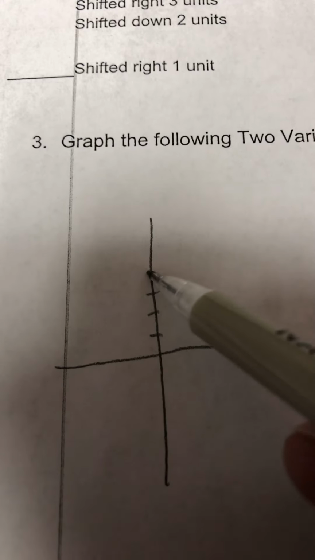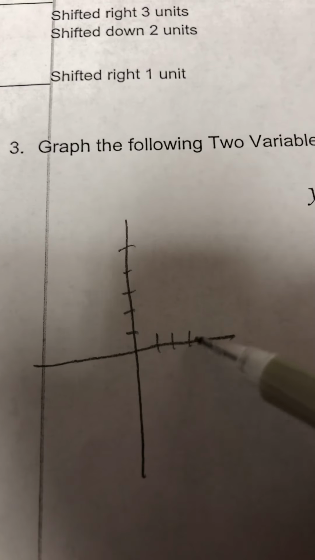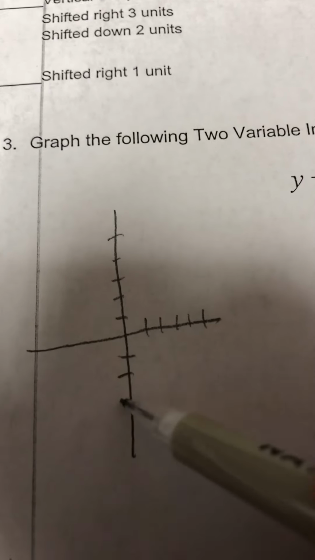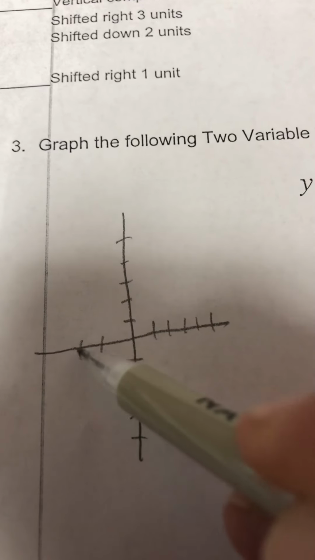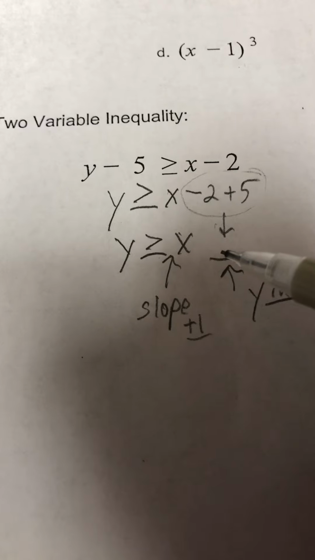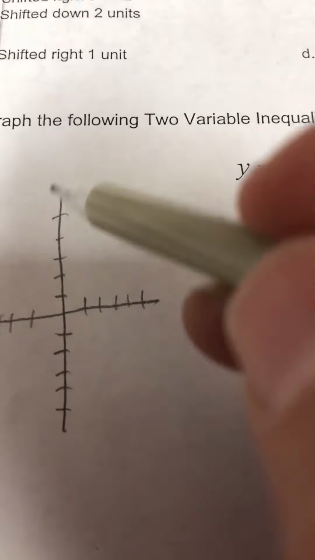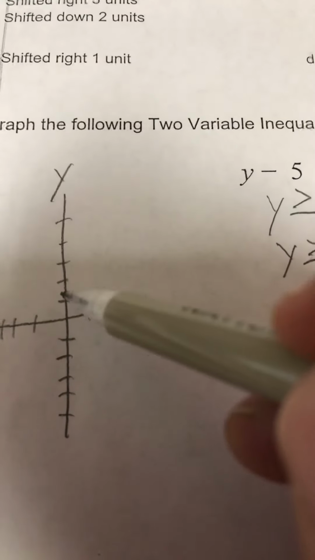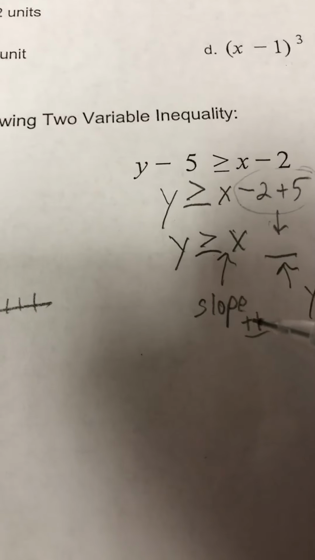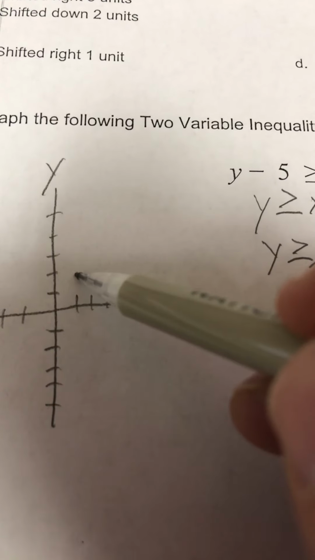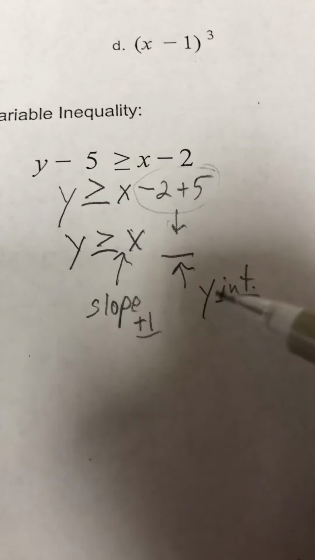Find this y-intercept, okay, if it's positive or negative, find it on your y-axis, put that point there, and then just sketch a line going up 1 over 1, put a point, up 1 over 1, put a point, up 1 over 1, put a point, from where you start with the y-intercept, okay?